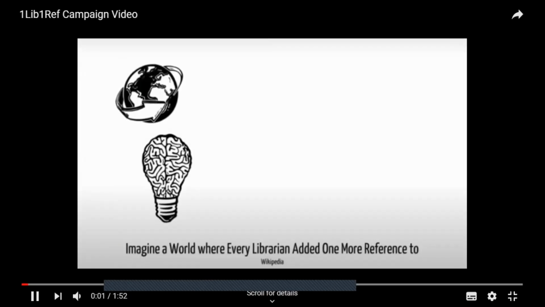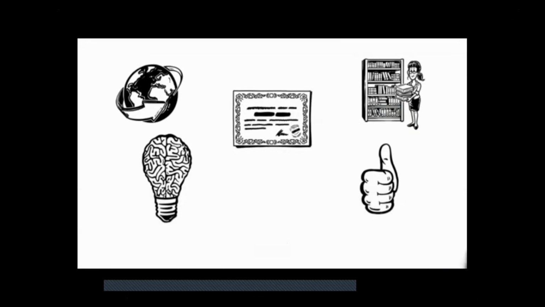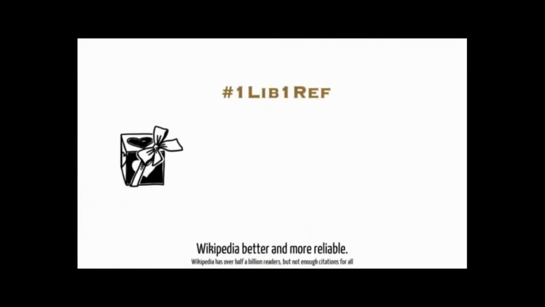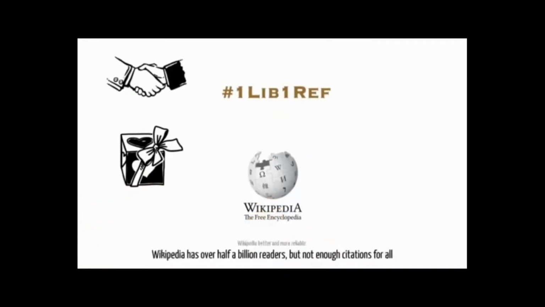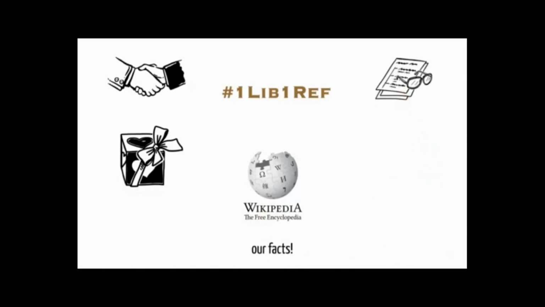Imagine a world where every librarian added one more reference to Wikipedia. The OneLib OneRef campaign seeks just that, the gift of one citation to make Wikipedia better and more reliable. Wikipedia has over 500 million readers, but not enough citations for all of our facts.